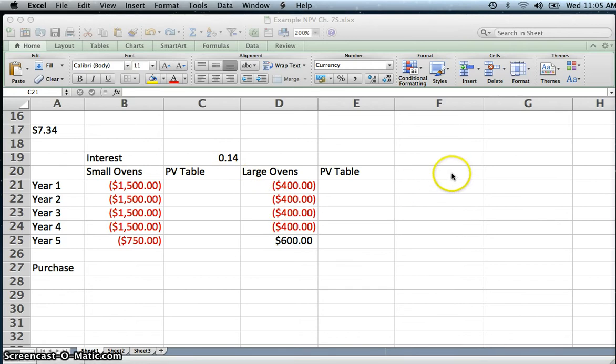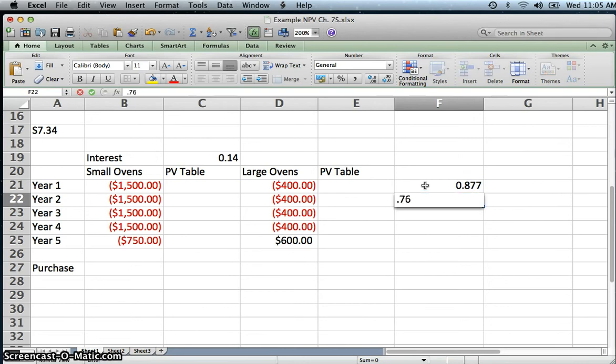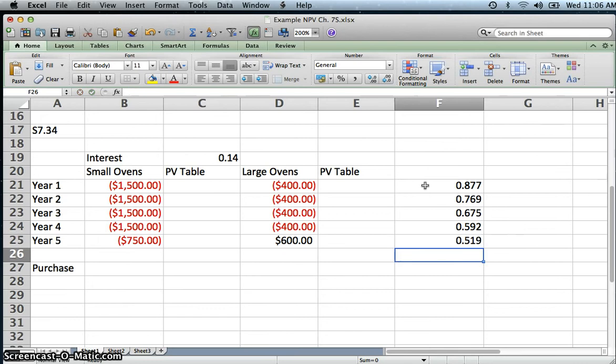And in year one, I'm going to just write these amounts over here just so that I have them. You have a 0.877, 0.769, 0.675, 0.592, and then a 0.519.